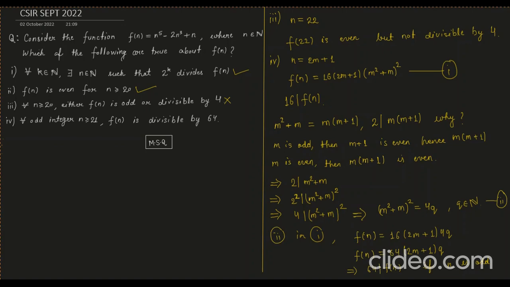So what you can write? If n is odd and if n is greater than or equal to 21 also. Okay, so the fourth option is also correct in this way.